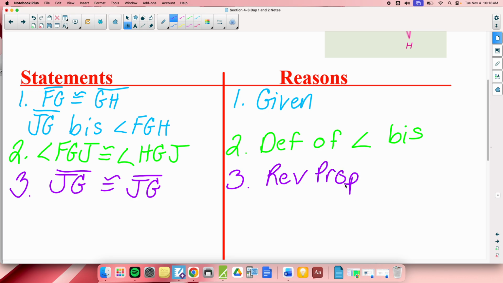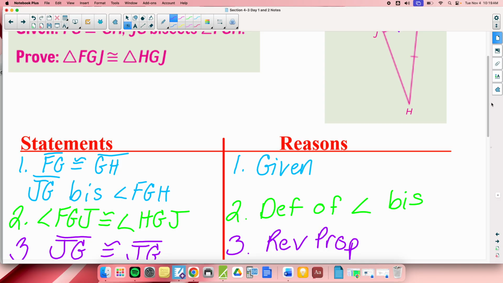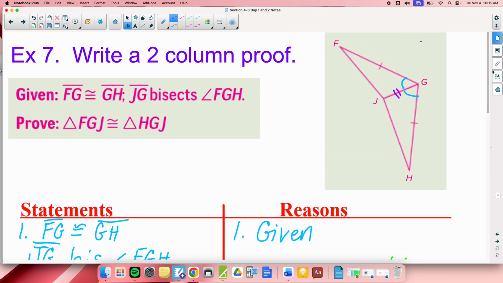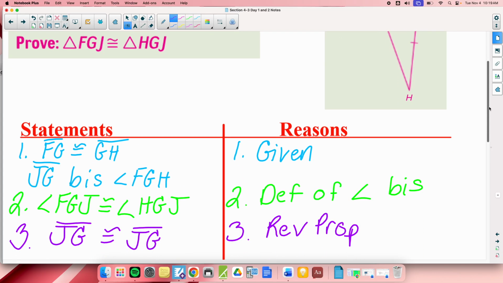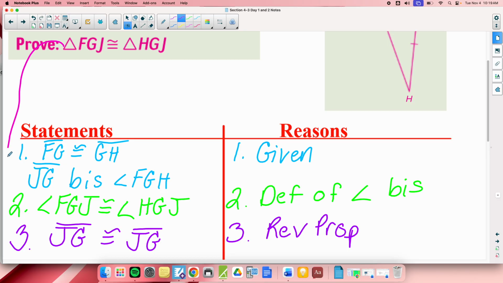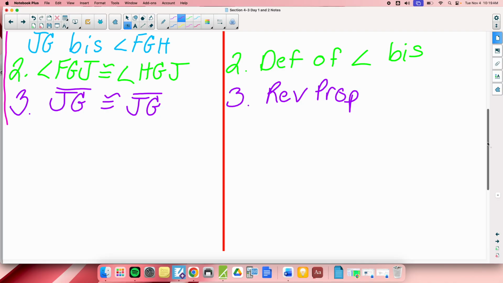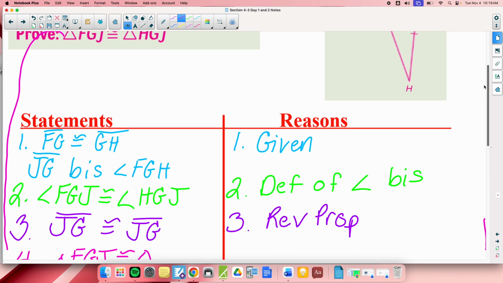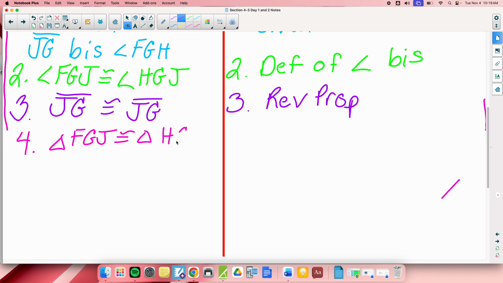Okay, now we are at the point where we can say our triangles are congruent by what? Side, angle, side. This is a side, angle, side. So I can bring that down, and it would be triangle FGJ is congruent to triangle HGJ, and that is by side, angle, side.